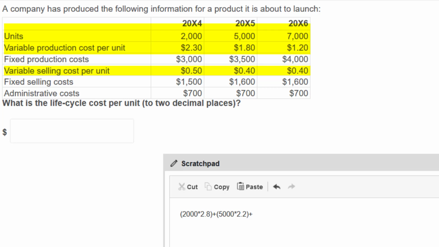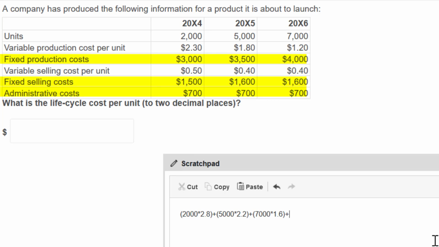plus 7,000 units multiplied by the 1.2 plus the 0.4, or a 1.6. So we've got our variable costs. Now we need our fixed costs, and we've got three categories here: production, selling, and admin. So we can just add all of those to the variable costs.